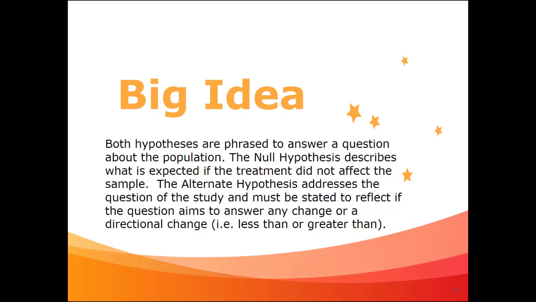The null hypothesis describes what is expected if the treatment in question does not affect the sample or ultimately the population. The alternate hypothesis addresses the question of the study and must be stated to reflect if the question aims to answer any change or a directional change, like less than or greater than.